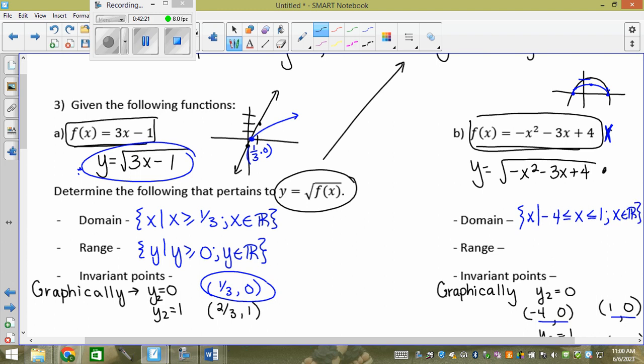What's my range though? What's my lowest y on that graph? On the radical graph? 0. And where's my highest y? Can you not type the graph in and find the maximum? Of the radical or of the original? So it'd be a square root of that, right?